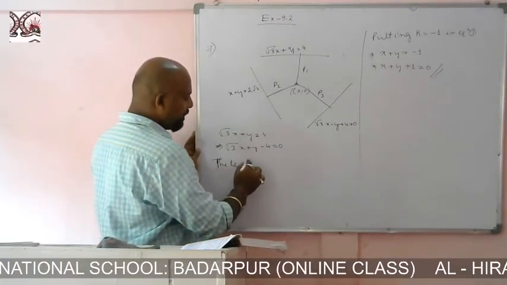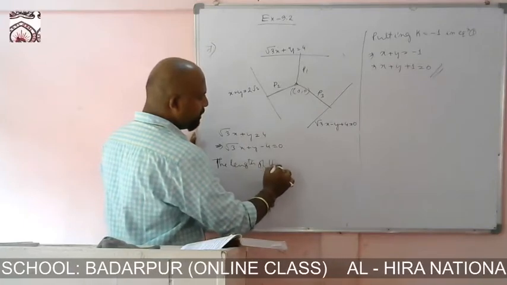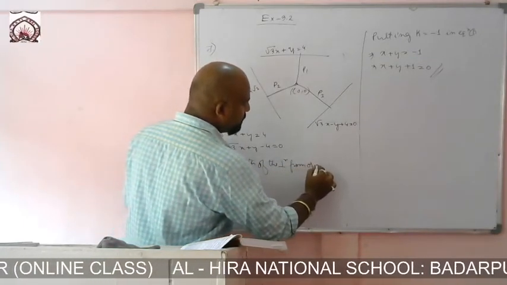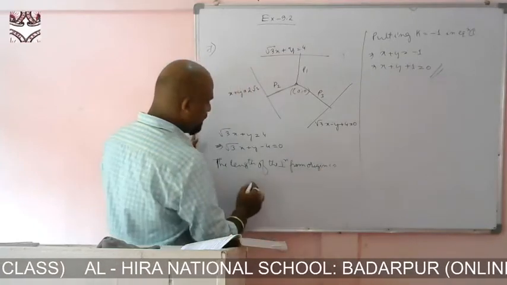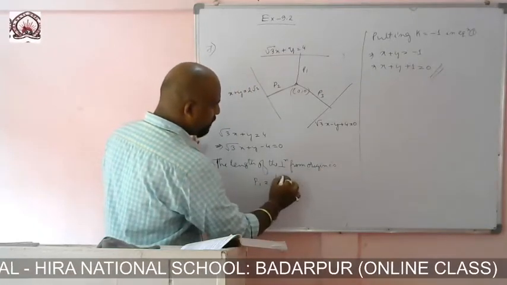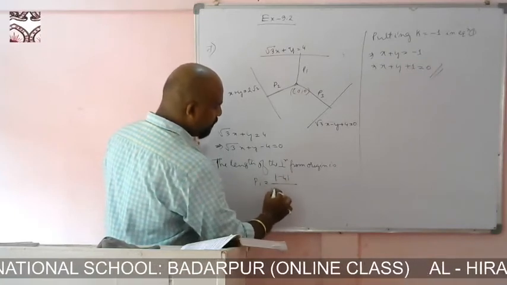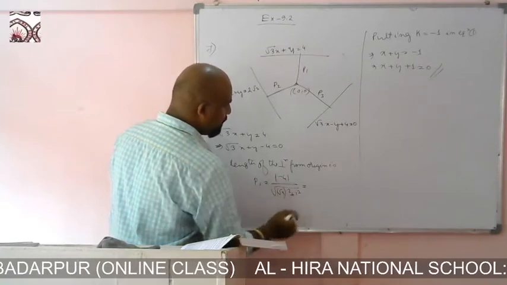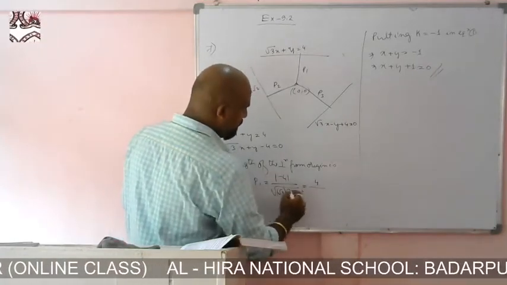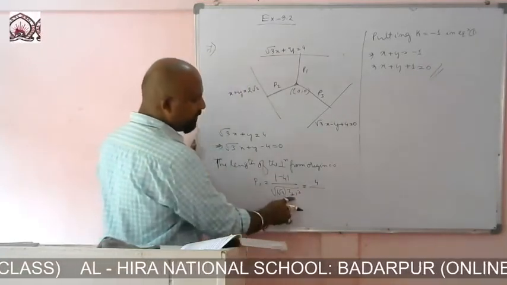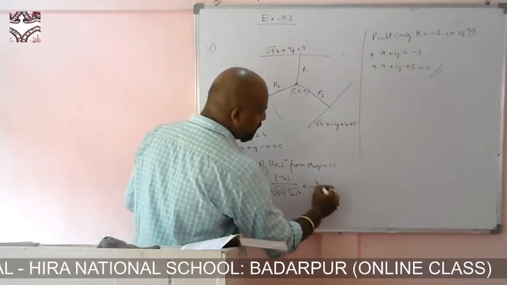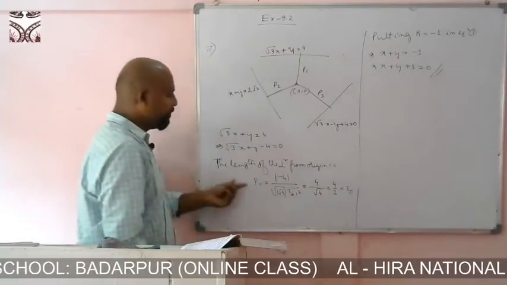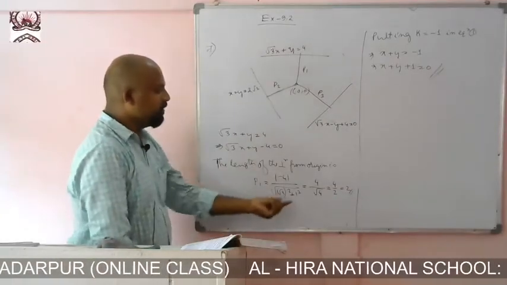The length of the perpendicular from the origin is P1 equal to modulus of 4 divided by root over of root 3 whole square plus 1 square, equal to 4 by root over of 3 plus 1, which is 4, so 4 by 2 equal to 2. This is for P1. This length is equal to 2.